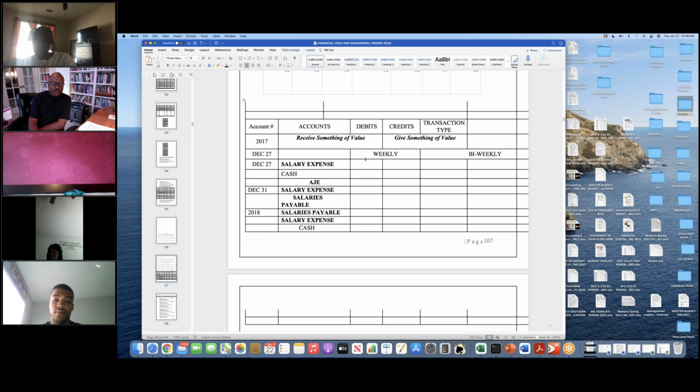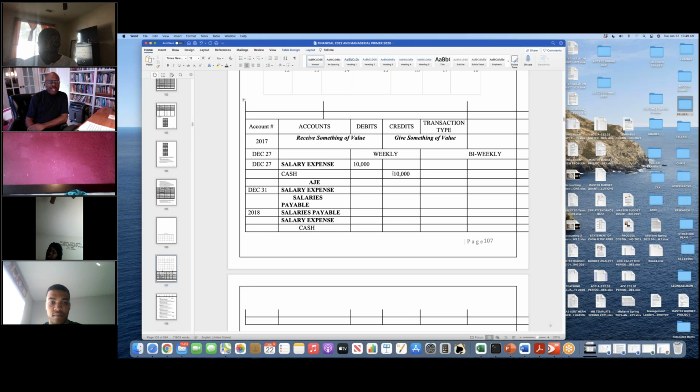So how much are we paying them weekly? 10,000. So the regular entry is simply going to be what? We're going to debit salary expense for 10,000 and credit cash for 10,000.